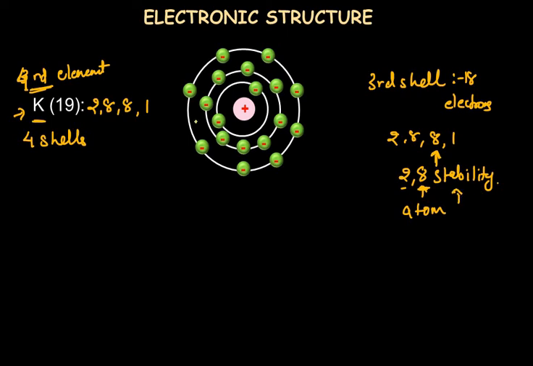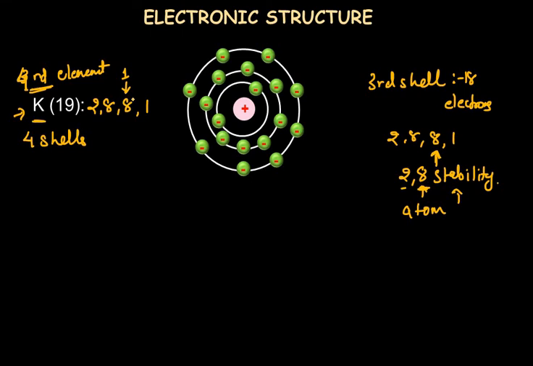That's the reason that when potassium has 8 electrons in the third shell, if we fill up 1 more electron in the third shell, then potassium would have an unstable outermost third shell with 9 electrons, which is a big number. So rather what is done is that there are 3 shells which are kept almost fully filled, and the 1 electron goes to the 4th shell.